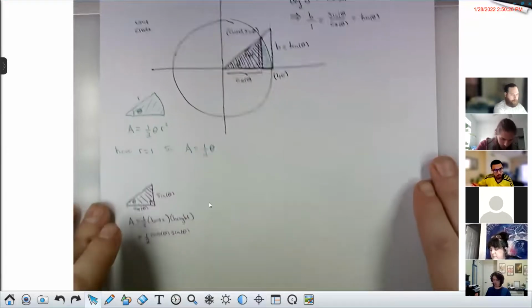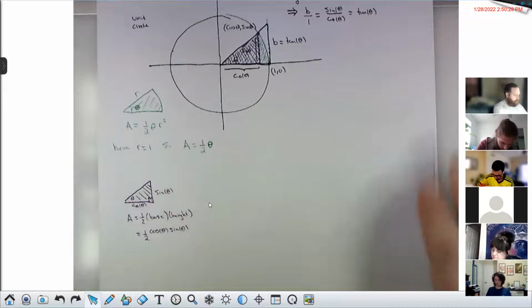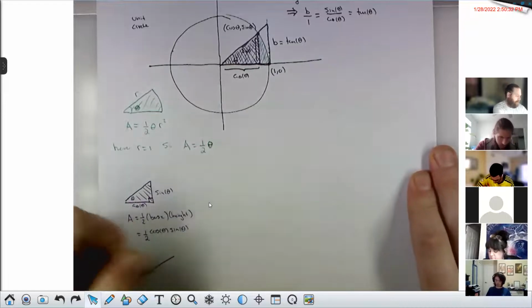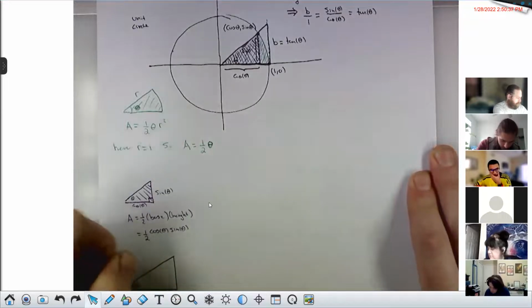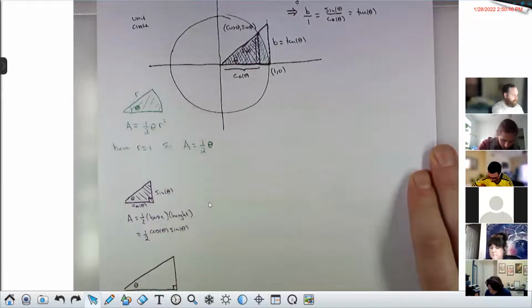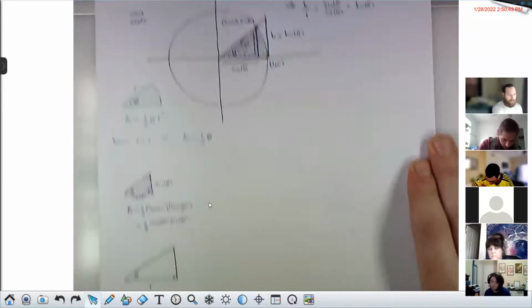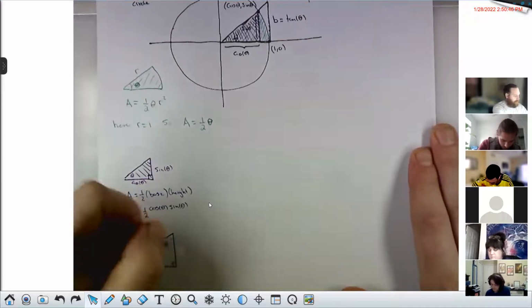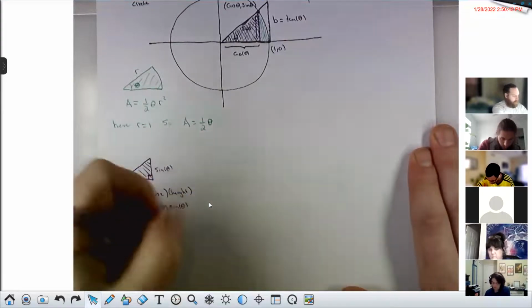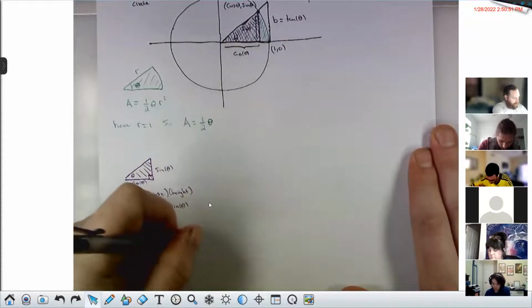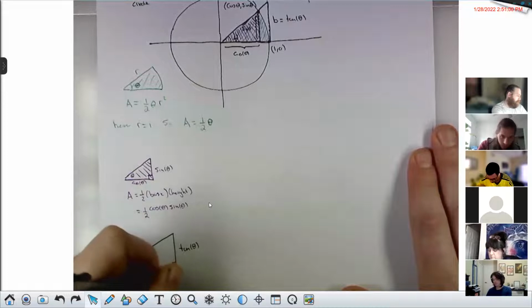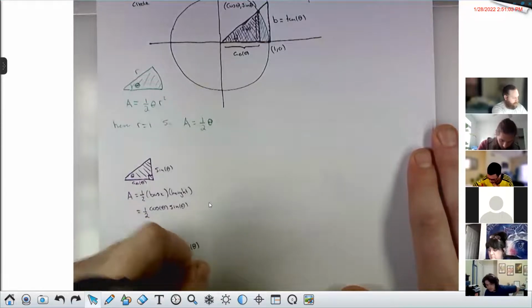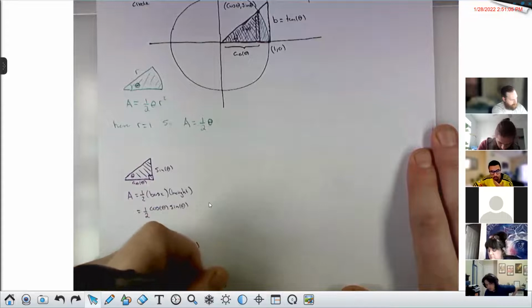And the area of the big triangle, this side length is 1, the base. This side length we argued earlier is tangent theta. So its area is 1/2 times 1 times tangent theta, or just 1/2 tangent theta.